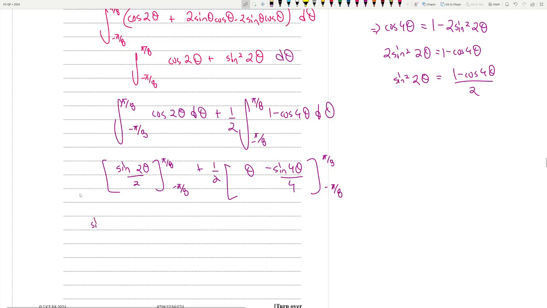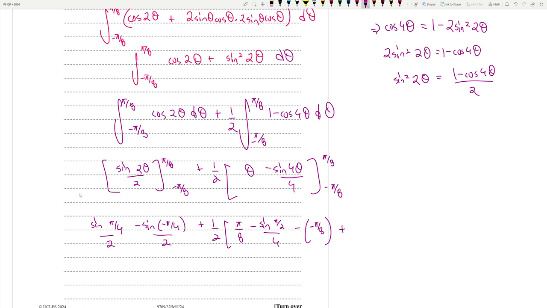So now if you put this in, this is sine pi by 4 by 2 minus sine minus pi by 4 by 2, plus pi by 2 by 4 minus pi by 8, plus sine minus pi by 4 by 4.